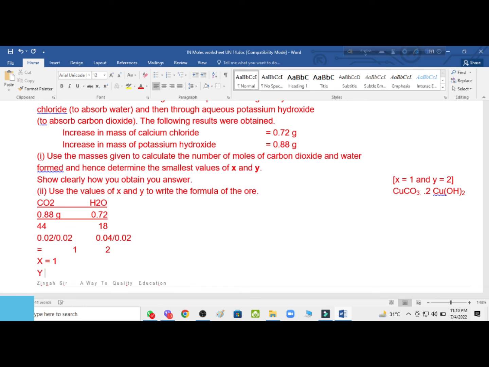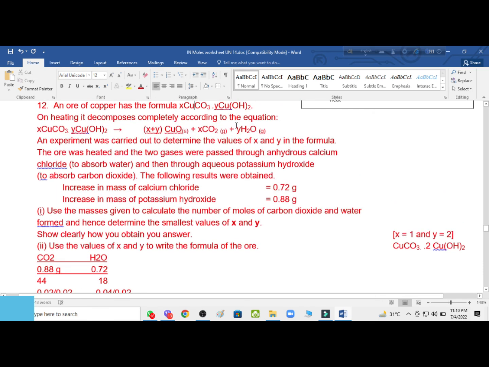What's the value of y there? 2. Okay, before water in the equation, go to the equation, y water. And the next question, use the values of x and y to rewrite the formula. That's the next question. So this is very simple. Here is x. We don't write x because it's 1. Here was y. We don't write y. We write 2. We put the values of x and y to write the formula.